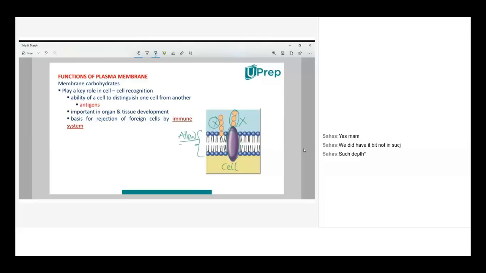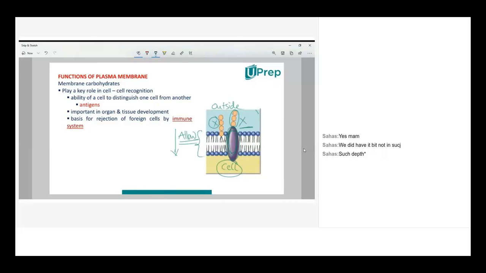If this is the outside of the cell, and from outside a protein X wants to move into the cell, X was already recognized by the plasma membrane, so X can move into the cell.